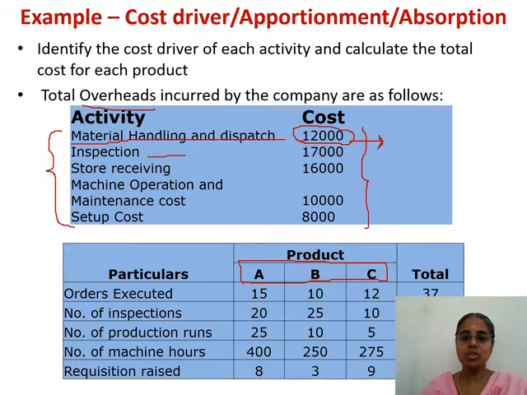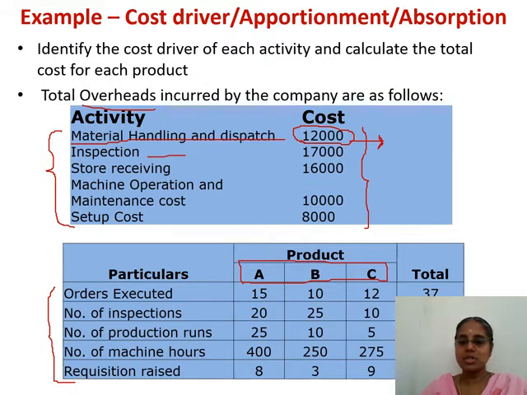It is an indirect cost, so we have to apportion on some basis. So we are finding which is the base among the 5 things given here. For material handling and dispatch, what might be the base for apportioning this cost? Is it orders executed, number of inspections, number of production runs, number of machine hours, or requisitions raised? What would be the better one?